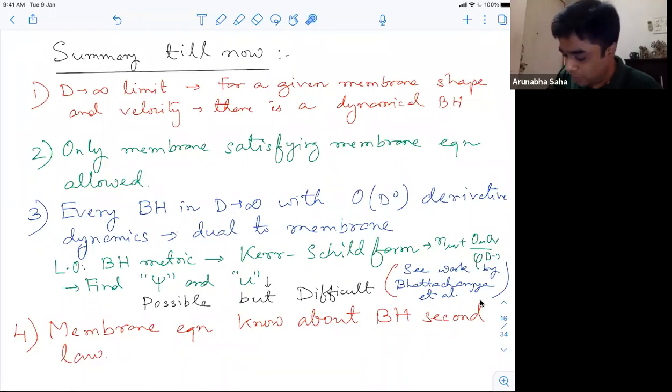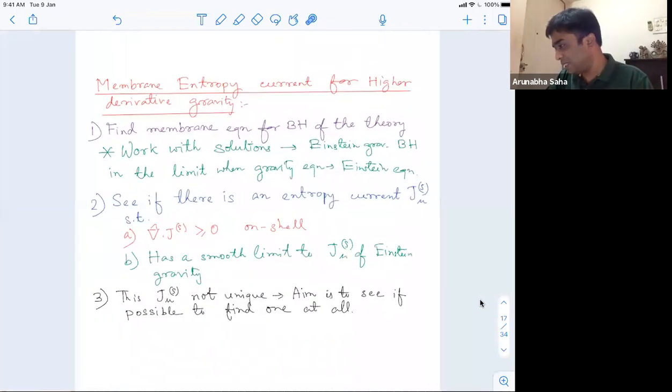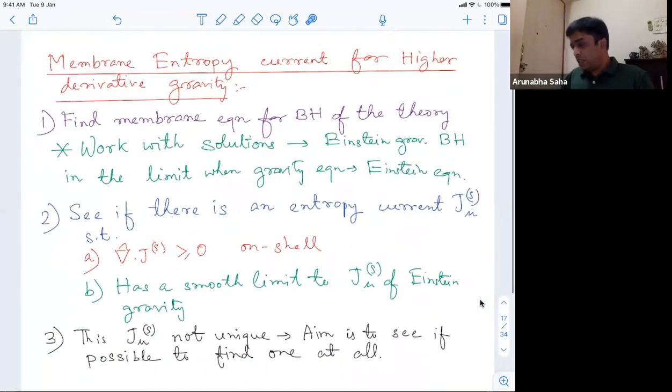So let's see if we can exploit this to actually say something about high derivative gravity. Now, I think it is all clear that I want to talk about the membrane entropy current for high derivative gravity, but I want to talk about the membrane equation for only those black hole solutions which reduce to Einstein gravity black hole solutions in the limit when the gravity equation goes to Einstein equation.